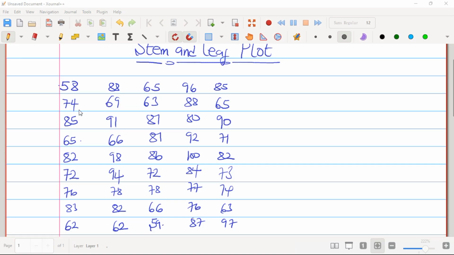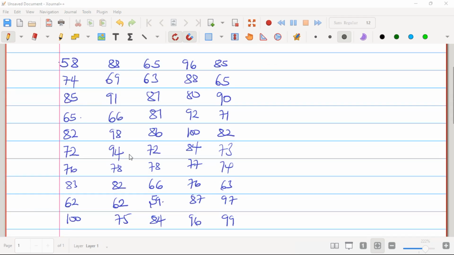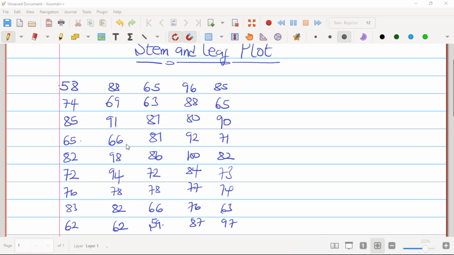So this is the worksheet. You see, this is the same raw data that we had on the slides, right? When you are given raw data like this and asked to construct a stem and leaf plot, first you have to know your total number of participants, that is, the total number of marks. So you have to count them.